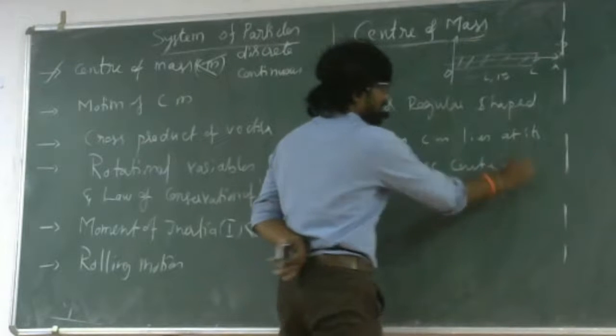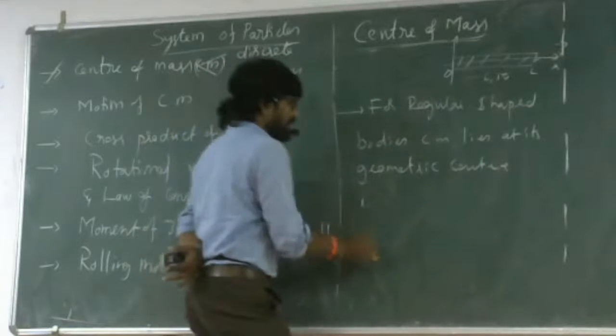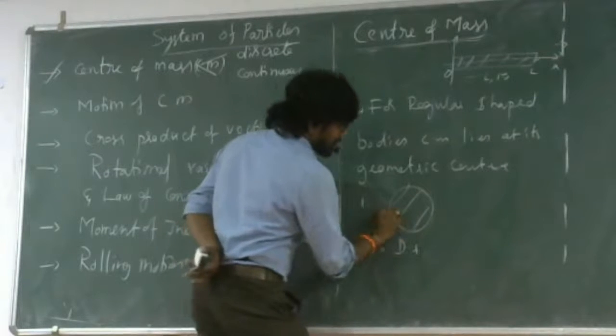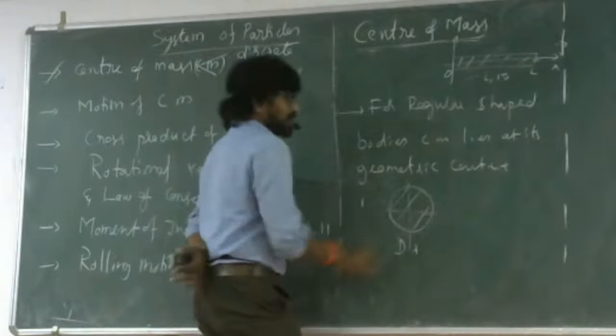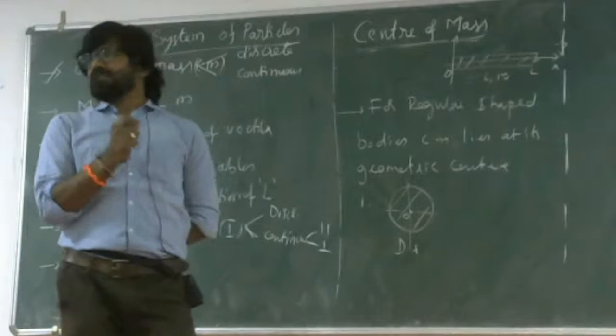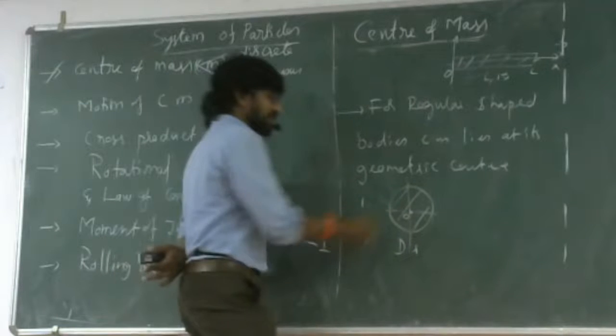What is this geometric center? Let us see some examples. First, if you have a disc, if you draw one diameter and another diameter, the point of intersection is nothing but the geometric center. The point of intersection of the diameters gives you the geometric center. There the center of mass lies.